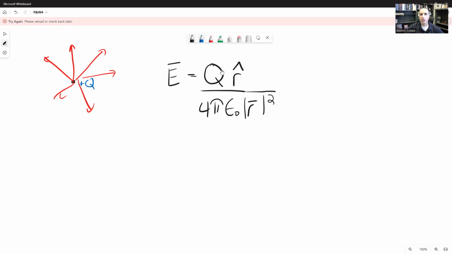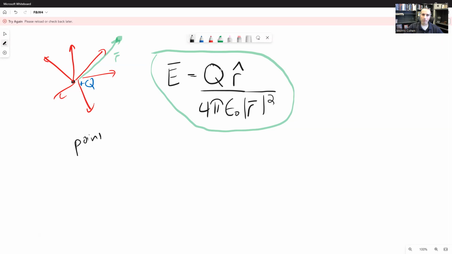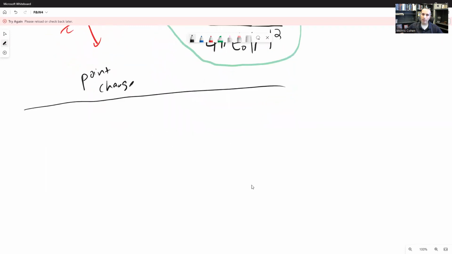Where r is any particular location where we want to know what the electric field is. So this is R, and this is where we want to know what the electric field is. We calculate it by placing R in here, along with the value of Q at the source. All right, so that's a point charge, and that's the simplest. That's just Coulomb's law directly applied. And this makes sense from a water analogy perspective, that water is simply going to flow away from that hose that's dumping it in at a constant rate.